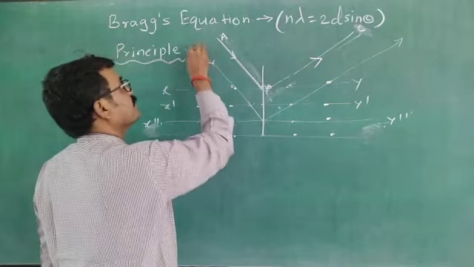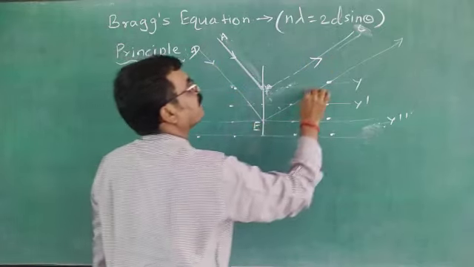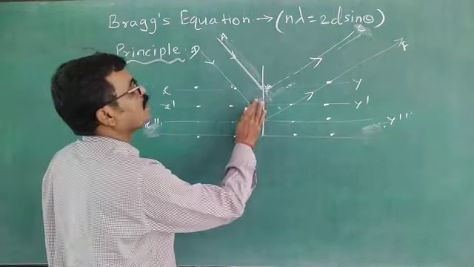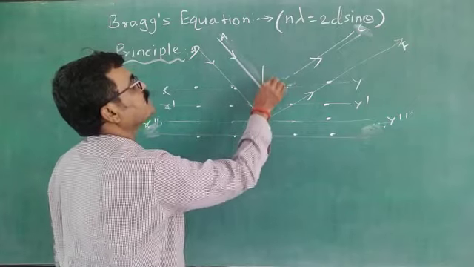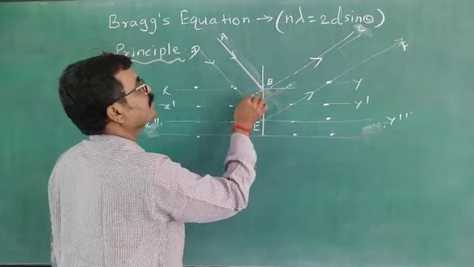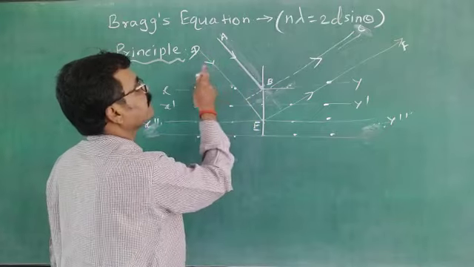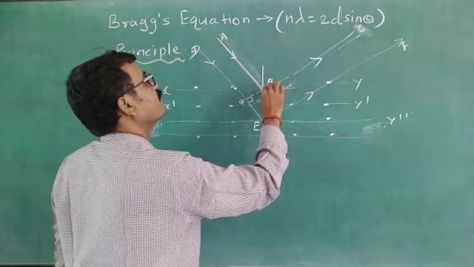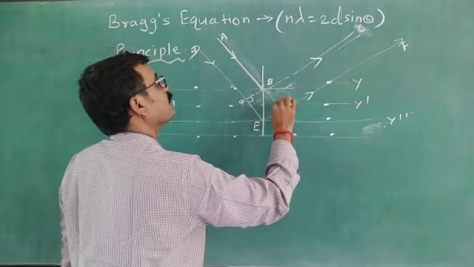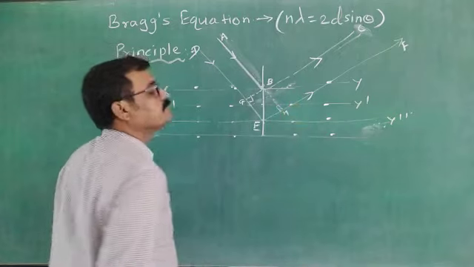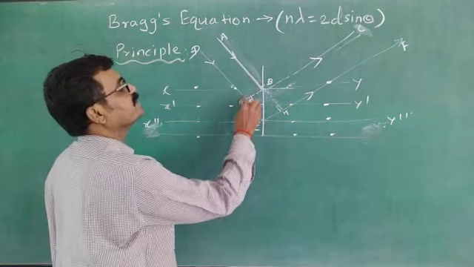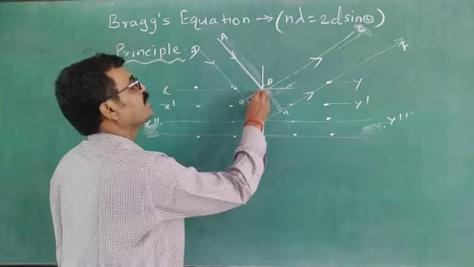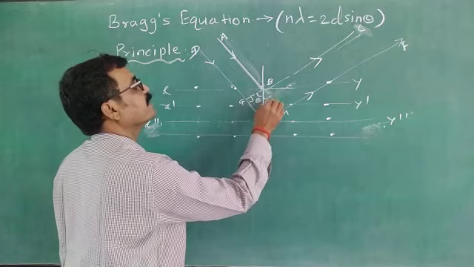This is DE, the incident X-ray, and it gets reflected along EF. Then draw a perpendicular from this point B on the incident X-ray DE. It meets at G. Draw a perpendicular from this point, which meets at H. Here two triangles are formed, GBE and HBE. Let us consider this angle theta, that is the glancing angle.